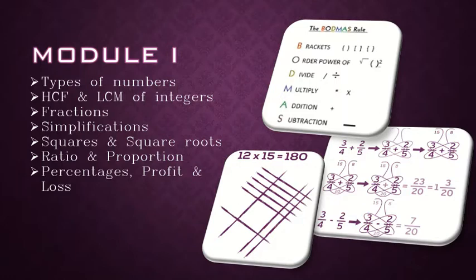In Module 1, we have a brief review of natural numbers, whole numbers and integers. Then we introduce HCF and LCM of integers, fractions and simplifications using the BODMAS rule. A number system is defined as a system of writing to express numbers.